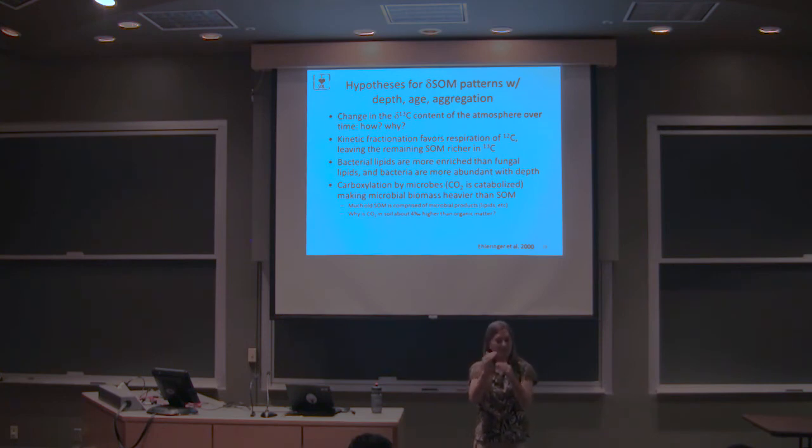But the thing is that when you're measuring it off the surface of the soil, it's going to be at steady state. And so what's leaving the soil is going to be the same as what's produced in the soil. And so it is actually at steady state with the source material.